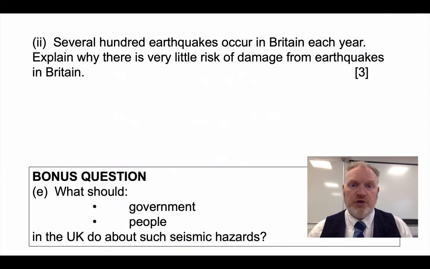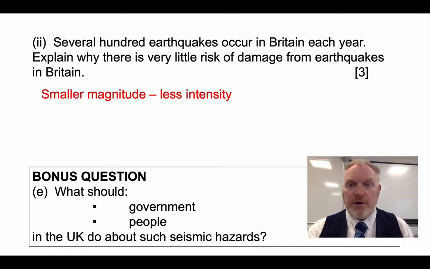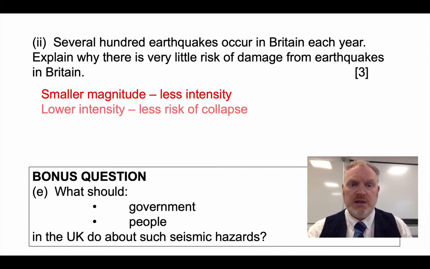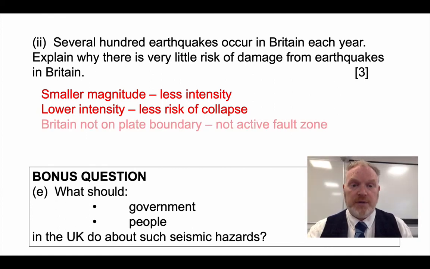We do have several hundred earthquakes in Britain each year, but they pose very little risk. They're not very big. Small magnitudes, lower intensities, so there's less risk of building collapse, which is really the main hazard that we're likely to face from these. We're thousands of kilometres from a plate boundary, not in an active fault zone.